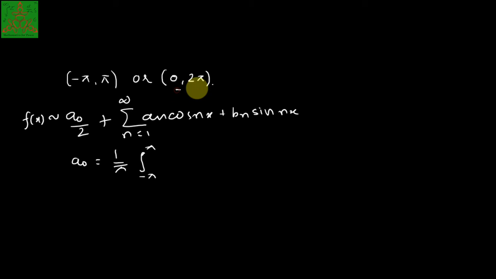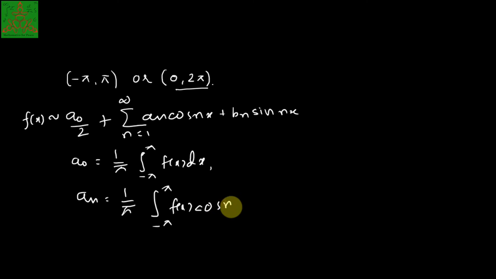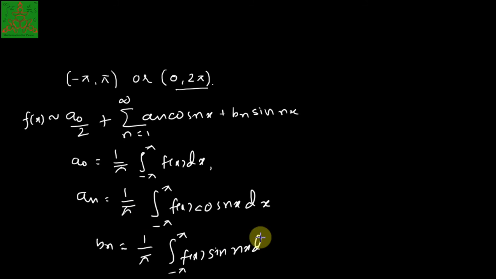If the interval is 0 to 2 pi, then the limit is 0 to 2 pi. an is 1 upon pi integral from minus pi to pi of f of x cos nx dx, and bn will be 1 upon pi integral from minus pi to pi of f of x sin nx dx. This a0, an and bn are called the Fourier coefficients of the function f of x.